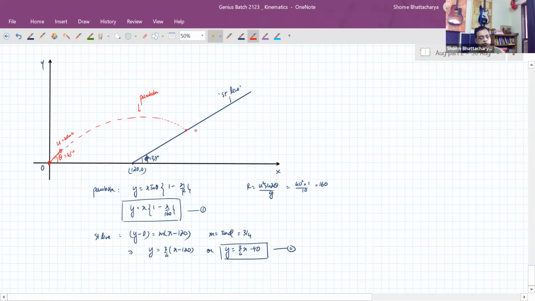So let's say its coordinates are a comma b. Then the distance d can be written as, or we can write the point A as 120 plus b cos 37.